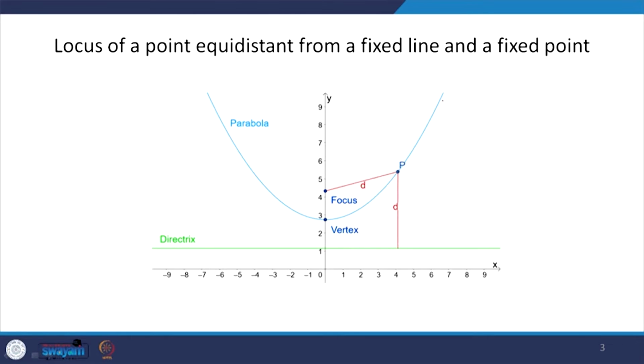All the points on this parabola, which is the locus, remain equidistant from this line directrix and the point which is focus. So this is one of the simplest types of locus, and the parabola is one of the most common types of locus which we often use in engineering.